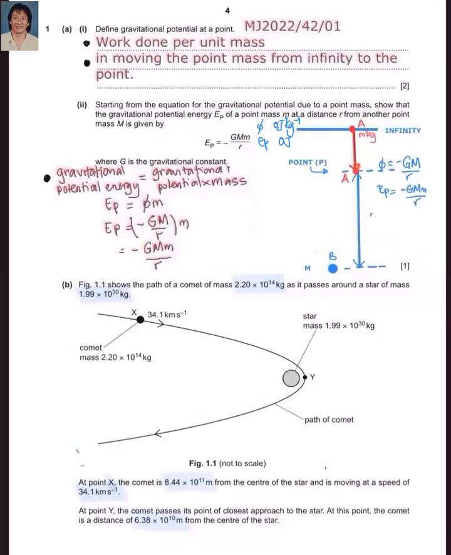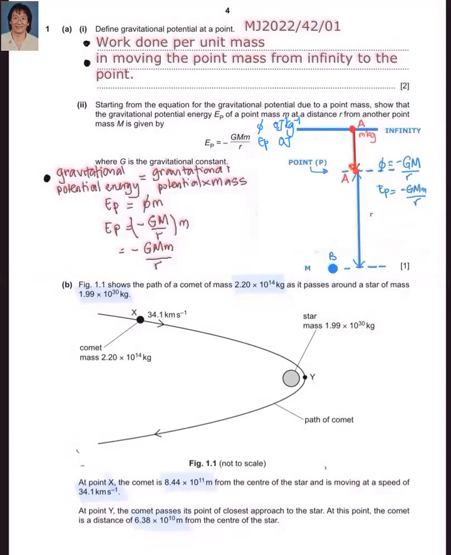In other words, A will lose potential energy, or A will lose energy. This explains why the gravitational potential and the gravitational potential energy at the point P have negative values.